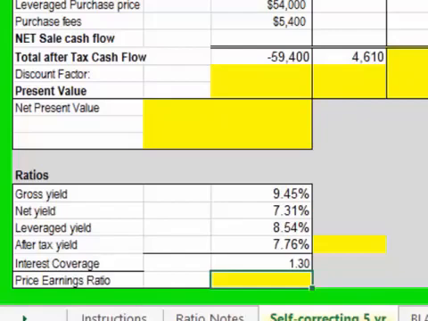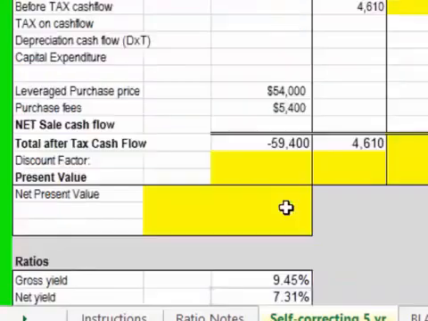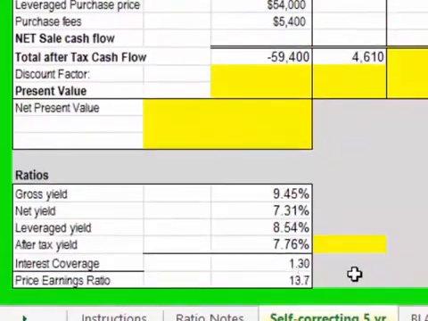Again, it's a matter of looking at the context and looking at what the person giving you the number means by it. So it's always important with these ratios to check what's actually in them. In our case, we'll simply take 1 over the net yield, and that gives us a price earnings ratio of 13.7.